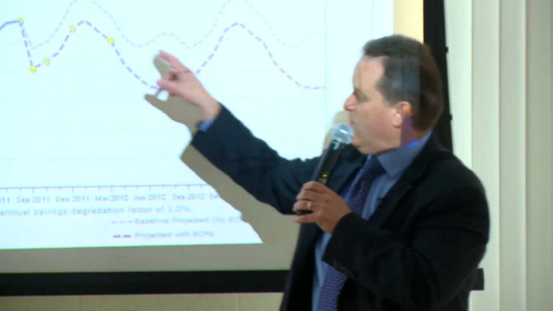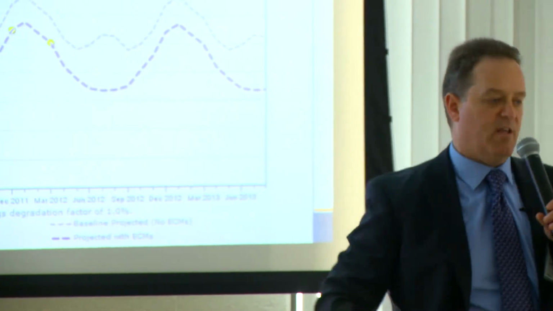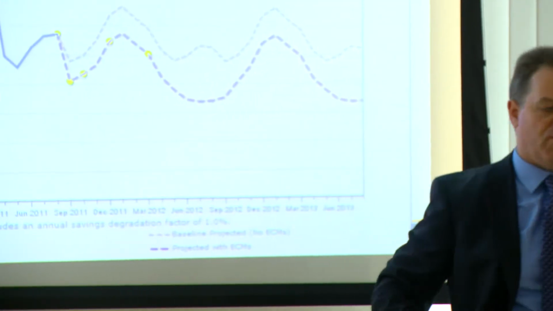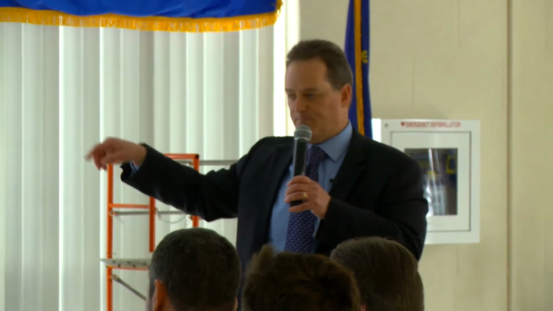And then what's going to happen is these yellow icons in the lower graph indicate the projected performance of the building, accounting for the ECMs that you have put into the system. Those yellow icons are showing where they fall on the curve on the basis of your estimated completion dates. So one of the things we're going to be looking for at the measure level is your estimated date of installation.